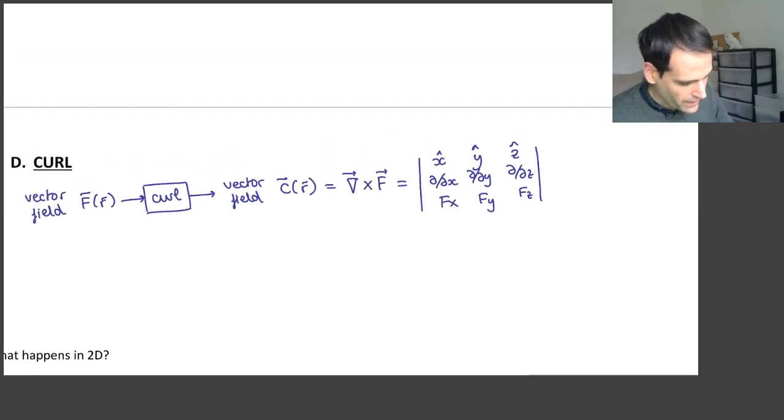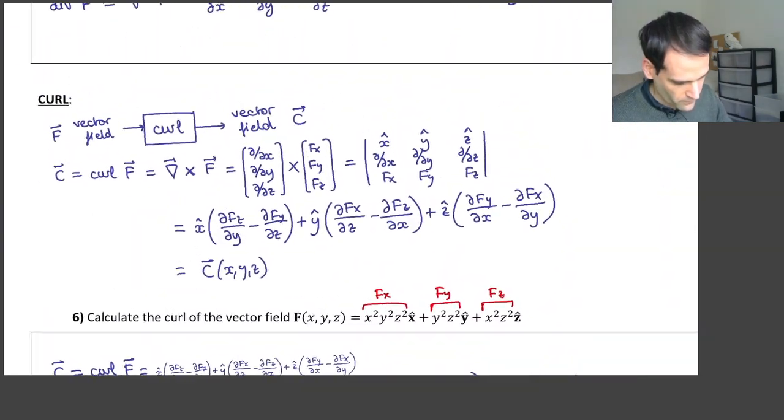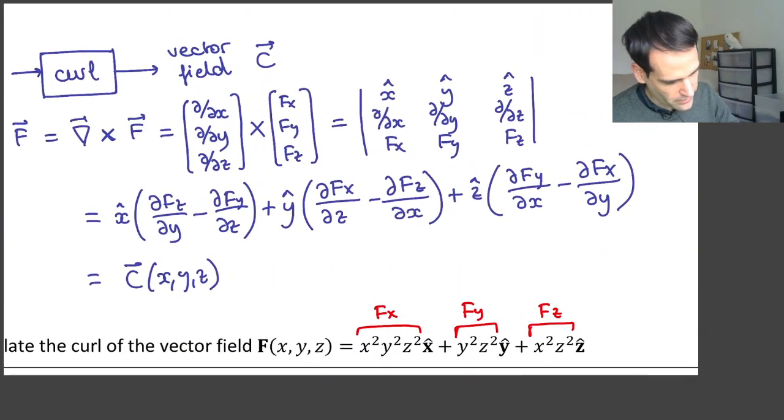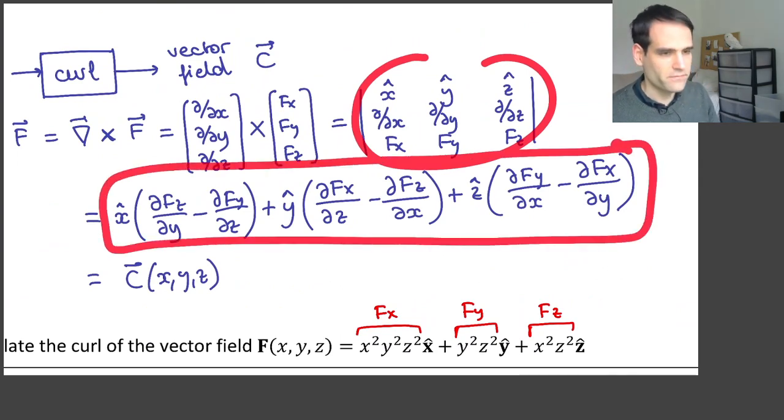So you know that we can expand this determinant. I am not going to write down the equation again. It's written up here. When we talked about the curl, I expanded the determinant and we found that this is the curl. This is the answer.